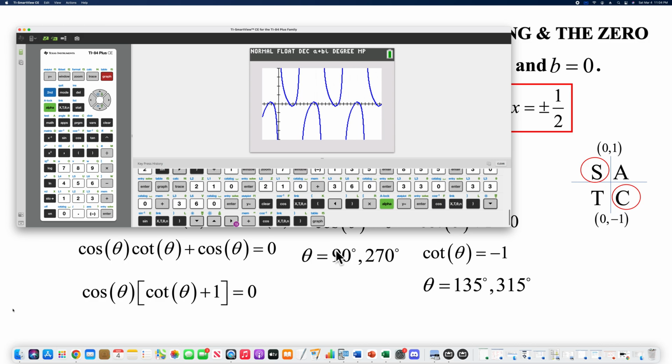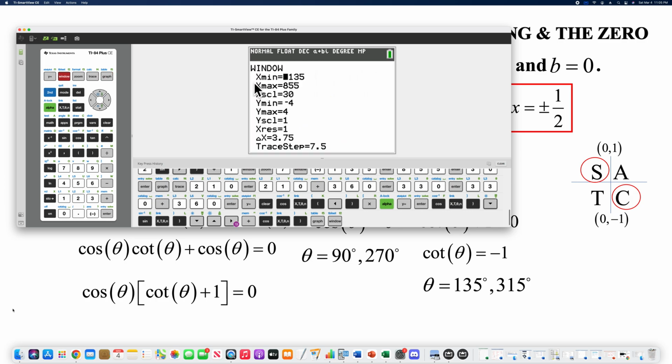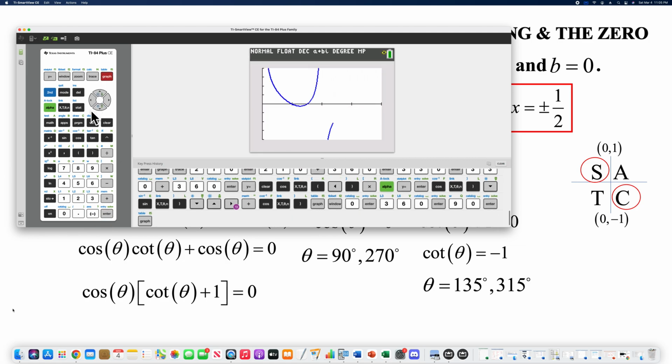But again, if we're just looking from 0 to 360 like the direction said, a good option here is to go to your window, change your x min to 0, your x max to 360, and I'm going to change it to 90 degrees so I can see my quadrants. Regraph it. So we had 4 answers. I see 1, 2, 3, 4 crossings.